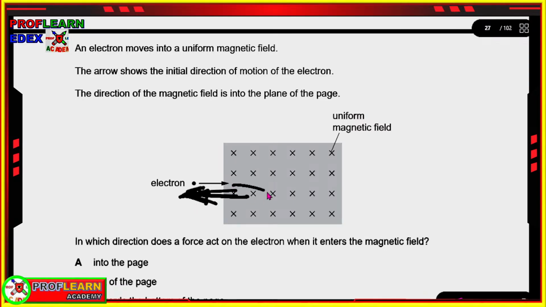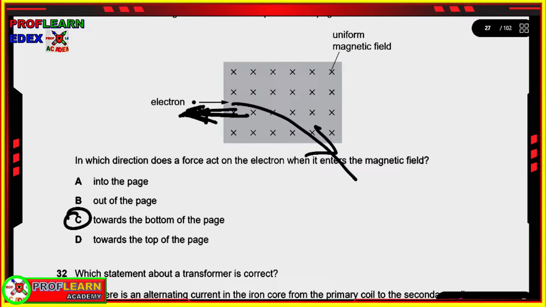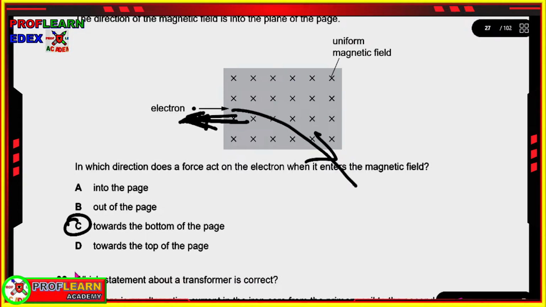So the electron will follow that path, toward the bottom of the page. You're going to use Fleming's left-hand rule, but your second finger should be pointing opposite to the direction of the electrons, because the second finger is for current, and the current usually flows in the opposite direction to the electron.